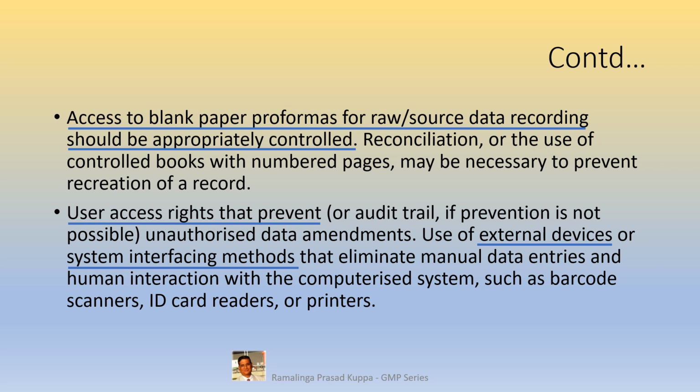One is to restrict the access rights, which is the recommended way. The other is to make the audit trail of the activity for who, what, when, and why. If it is not practical to restrict the access rights completely, barcode scanners or ID card scanners or printers may also be used to eliminate human intervention for any unauthorized changes to the data.